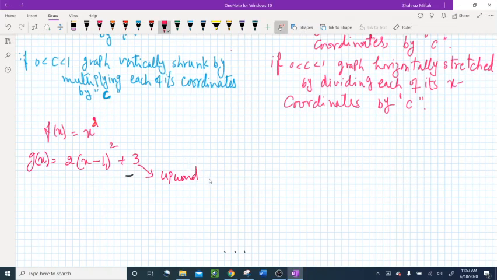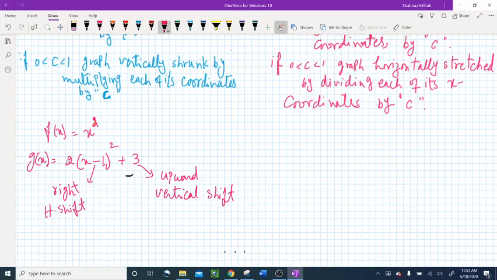Because it is positive, it means upward. Now this x minus 1 is a horizontal shift, and it's going towards the right, right 1 unit.